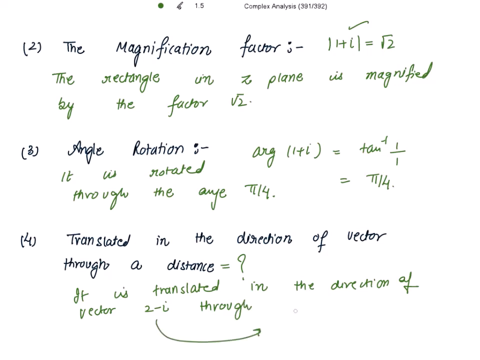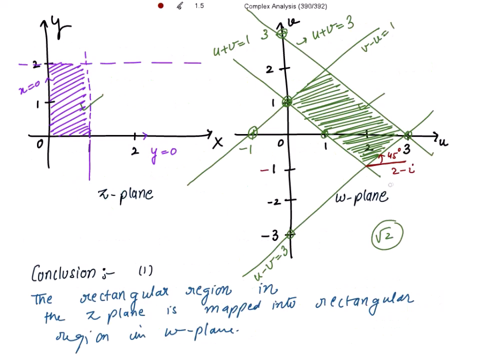Take the mod of 2 minus iota, that will be equal to square of the real part plus square of the imaginary part under the root. So that is equal to square root 5. So the direction of the vector is 2 minus iota, and through the distance square root 5. This is the distance.